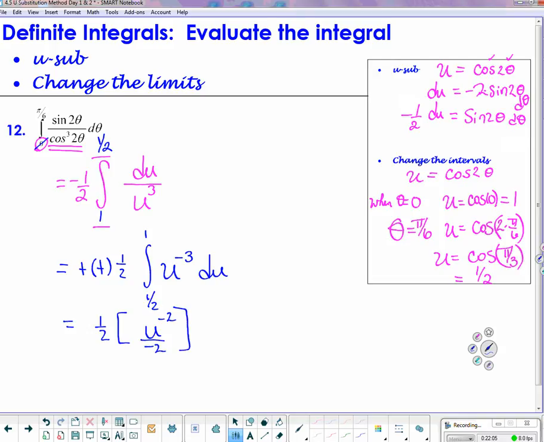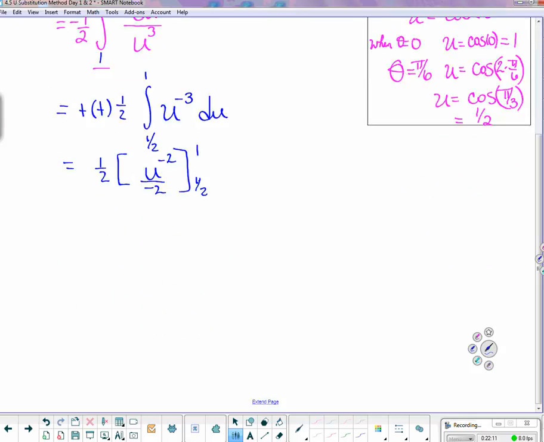And then I evaluate this from 1/2 to 1. All right, let's pull this -1/2 out front, and I'll make a -1/4. And this becomes 1 over u squared because of the negative exponent.